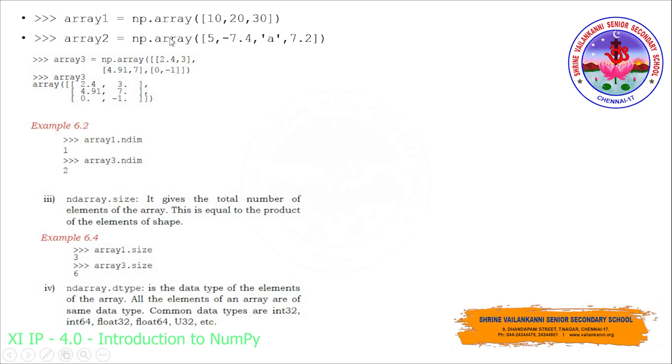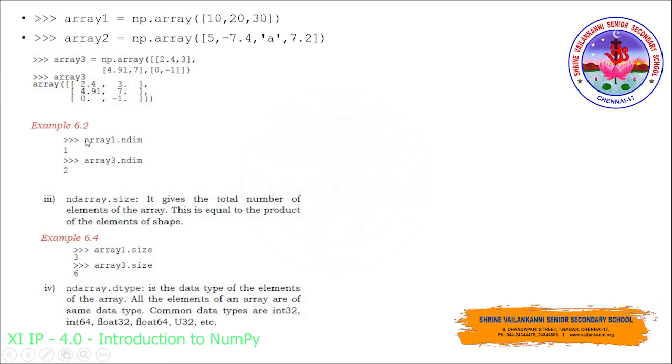So for array 1, they have created a one-dimensional array, and here again they have created a one-dimensional array. If you see here in array 3, they have created a multi-dimensional array, right? That is, they have passed multiple lists. So if you print array 3, what will happen? It will print the values in the form of an array.